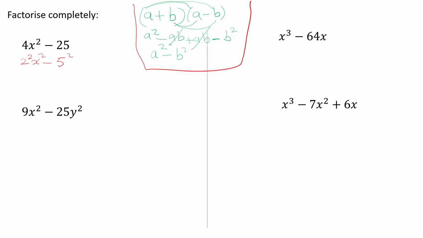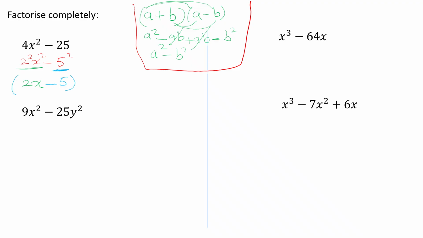So I'm going to use straight away a squared minus b squared. So my a is 2x, and my b is 5. So minus 5.